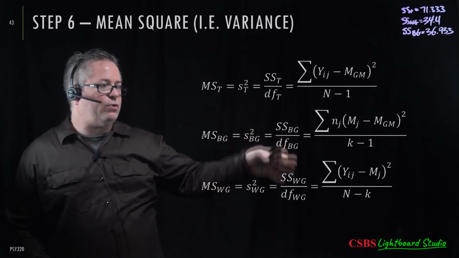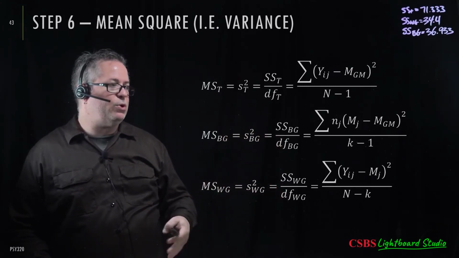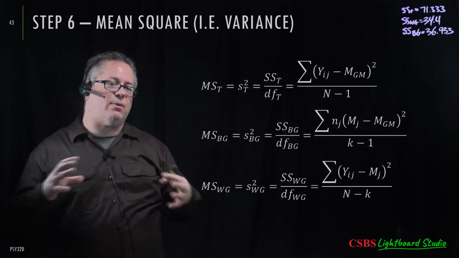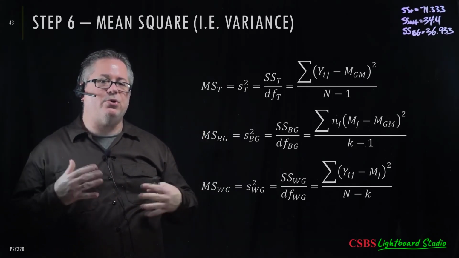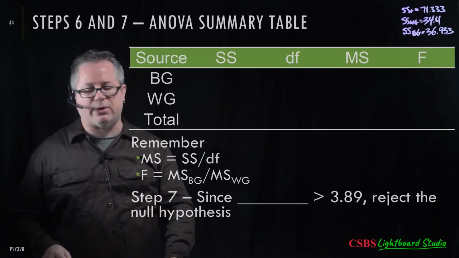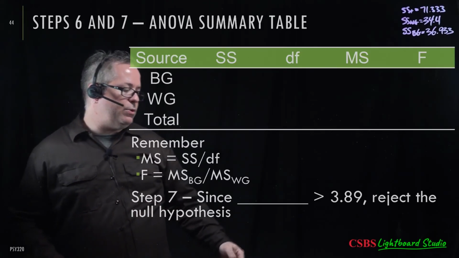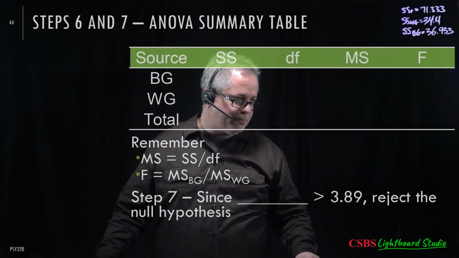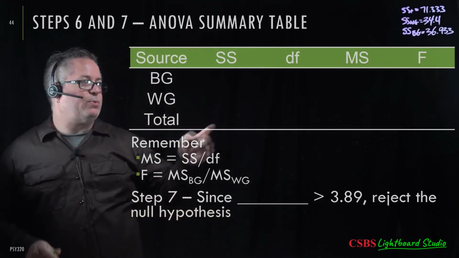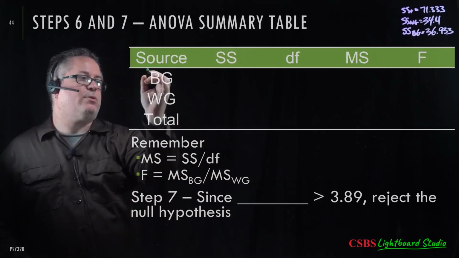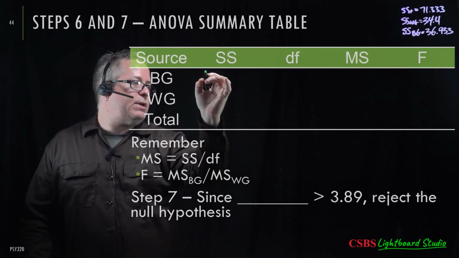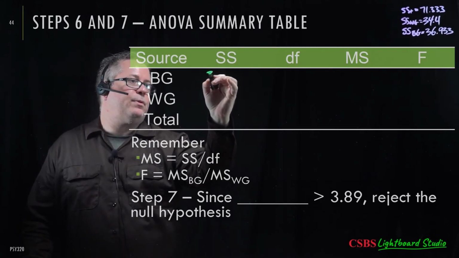You can do that in these equations, but what we usually do with an ANOVA, at step 6, is compute the observed value as part of an ANOVA summary table. So we fill in all the parts. Our between groups sum of squares is 36.933.